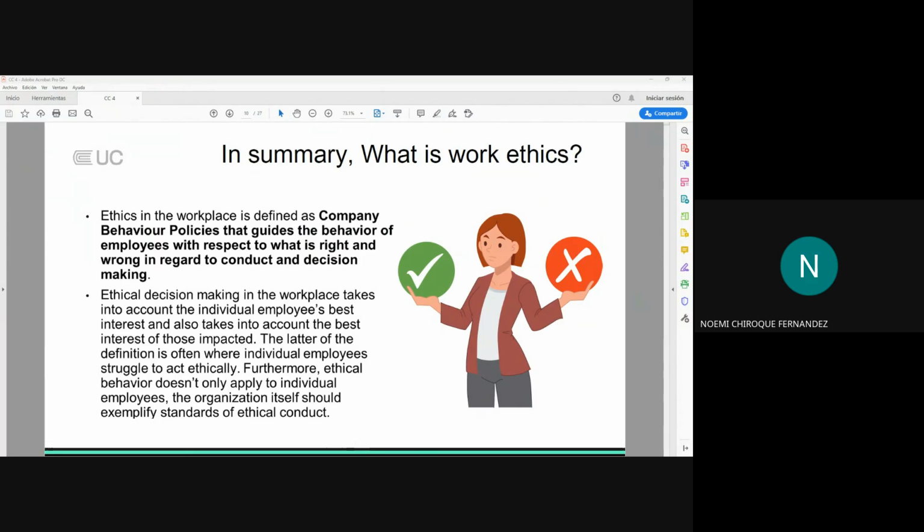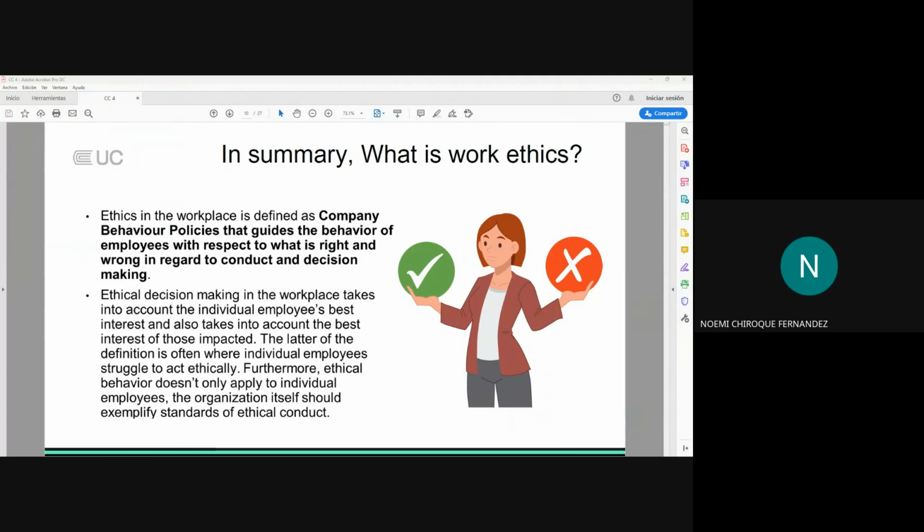I summarize what is work ethics. Ethics in the workplace, indefinite company, behavioral policies that will record or employees with rapid to that in the right and grow in area to conduct and decision making. Continue. Ethical decision making in the workplace.